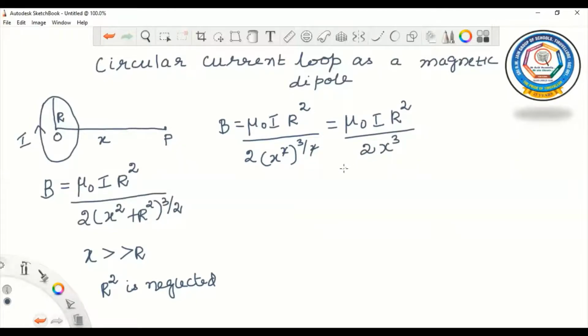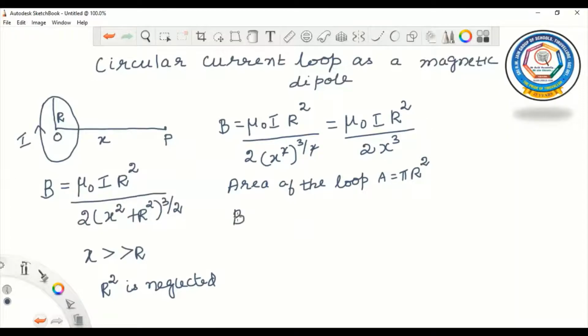Now we know the area of the loop. This is a circular coil, so the area of the loop A is equal to pi r square. So now we multiply and divide the above equation by pi. What will you get here, children?